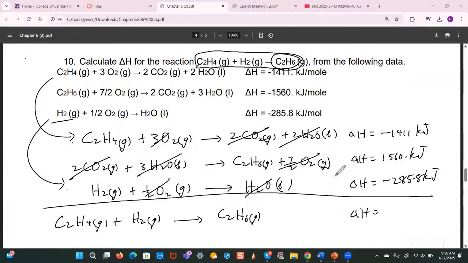So minus 137 kilojoules will be the final answer. All right. Okay, any questions about this one? Any questions? All right. I can clear this, right?